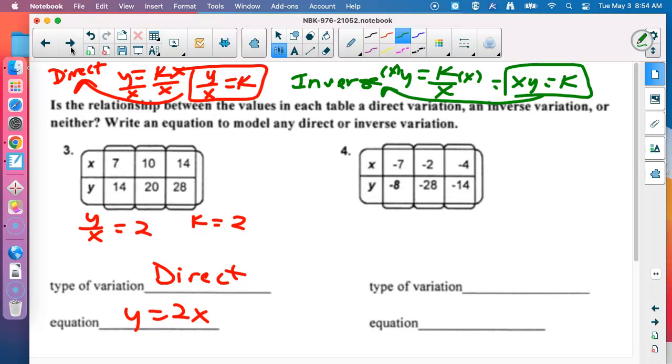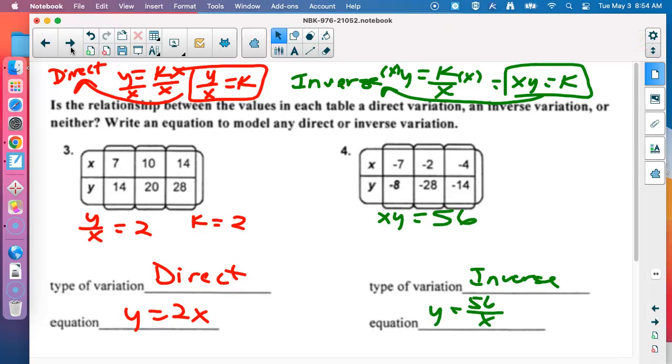Multiplying. So if we take these two, x and y, and multiply them together, we get 56 each time, right? So which one is that, direct or inverse? That's inverse. And we just found k, so it's y equals 56 over x.